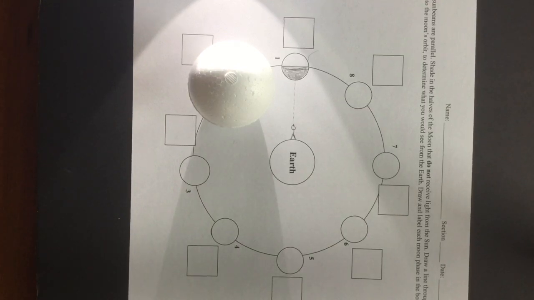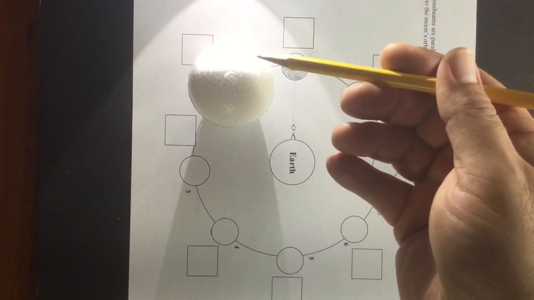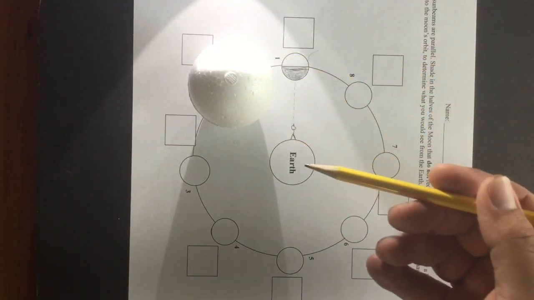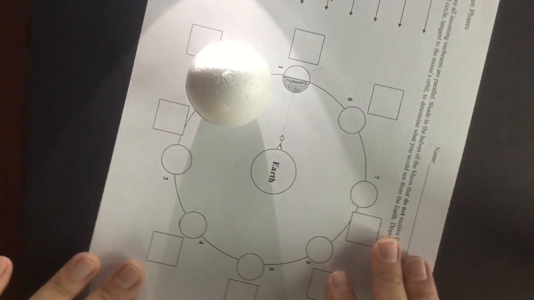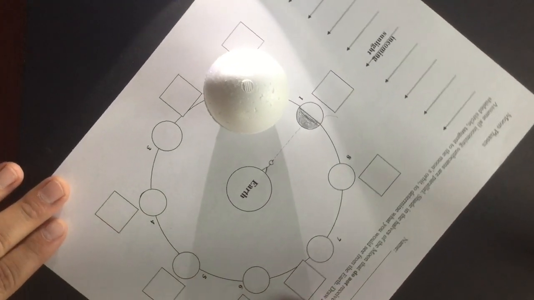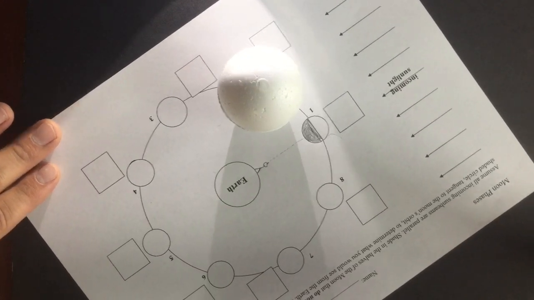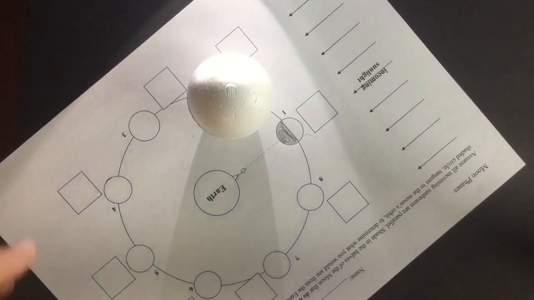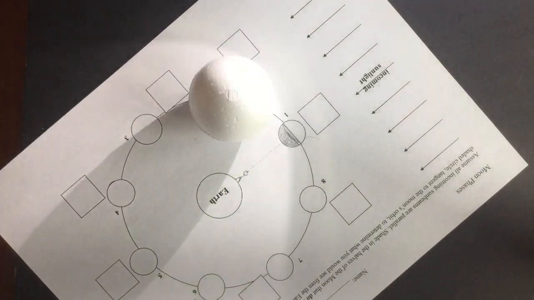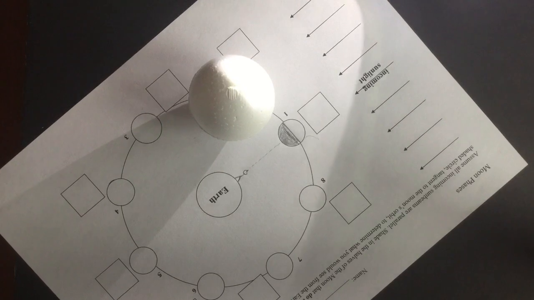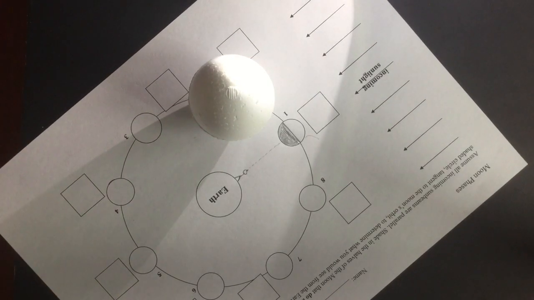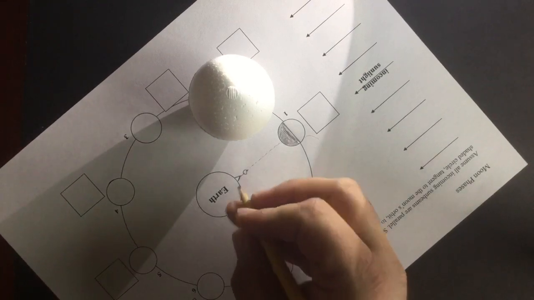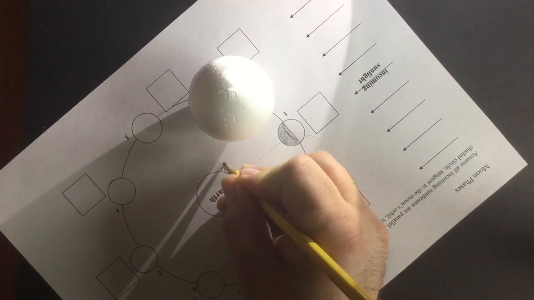And we can see that the sun is going to hit this side of the moon, and a little bit of that is actually going to be visible from the Earth as we line up our sunlight and our moon and our Earth.